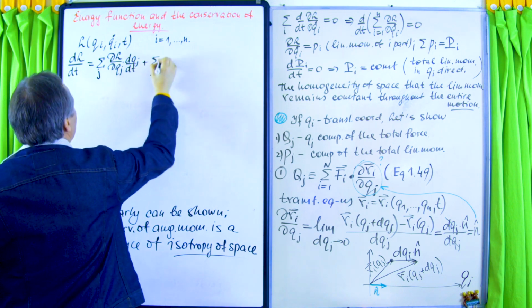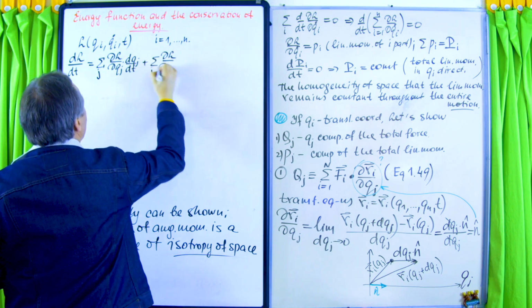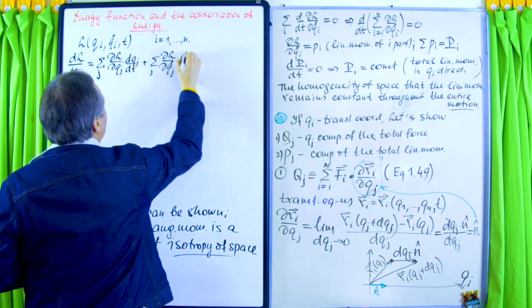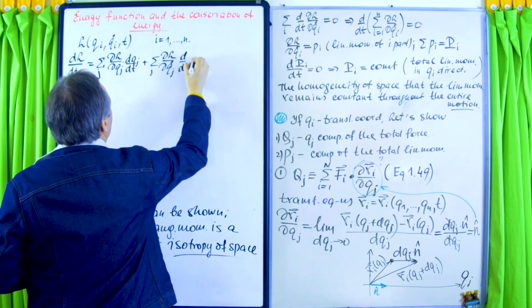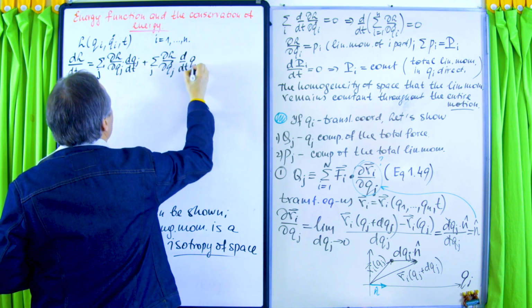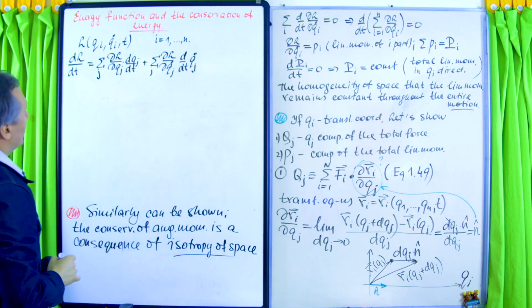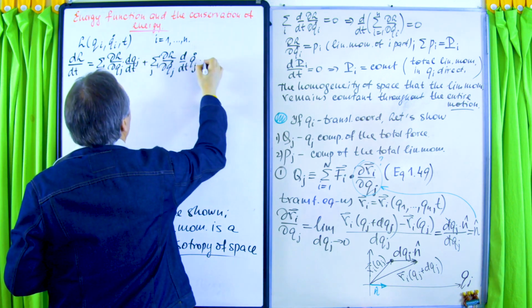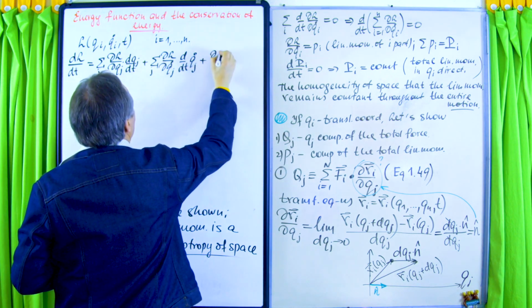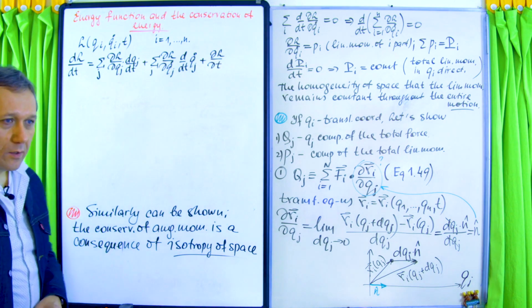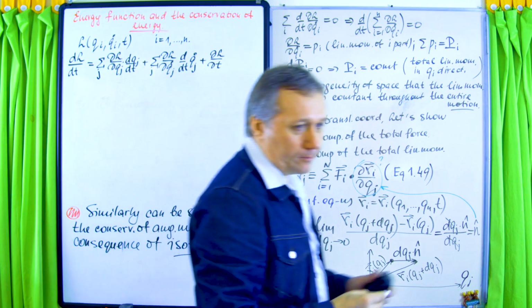Plus, again, summation over j, partial derivative of L with respect to qj dot, and d over dt of qj dot, right? And plus partial derivative of L with respect to t. Okay, those are all possible terms.